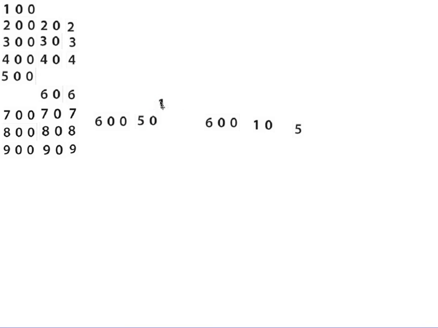This time the students have to go to the tens column and compare 5 tens to 1 ten. 600s are equal, but 5 tens are greater than 1 ten. And that's the way that we're asking our students to look at the numbers in order to be able to compare them.